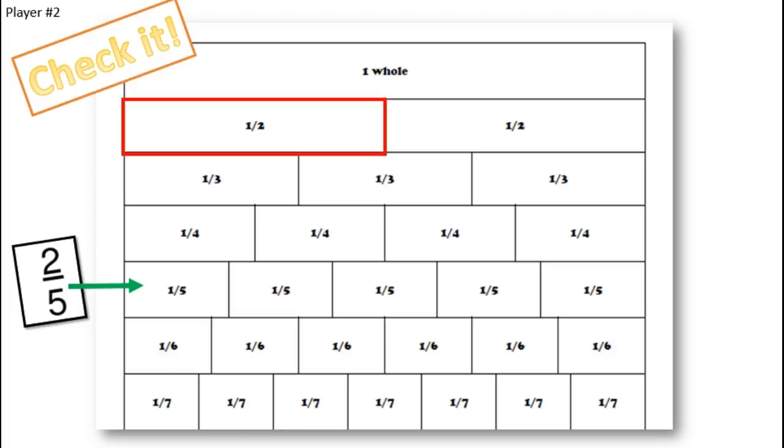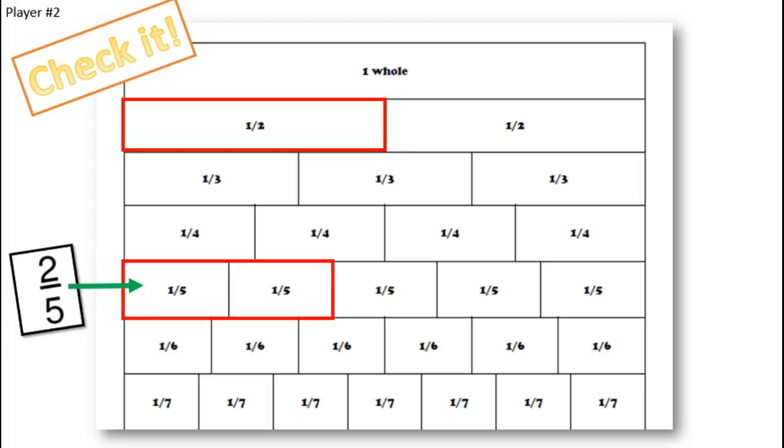You can either just point to it, or if you had it in a sheet protector, you could draw on it with a dry erase marker or something. And just notice that, in fact, player number 1 was correct. 2/5 is clearly less than 1/2. So player 1 gets a point.